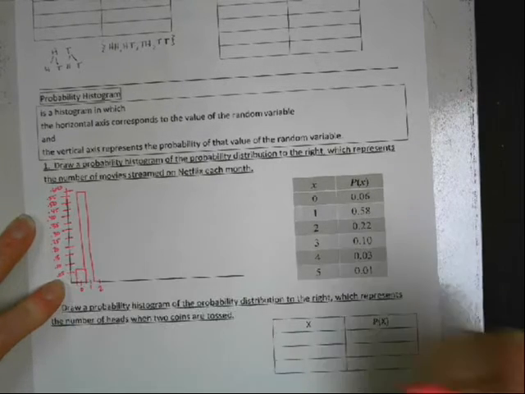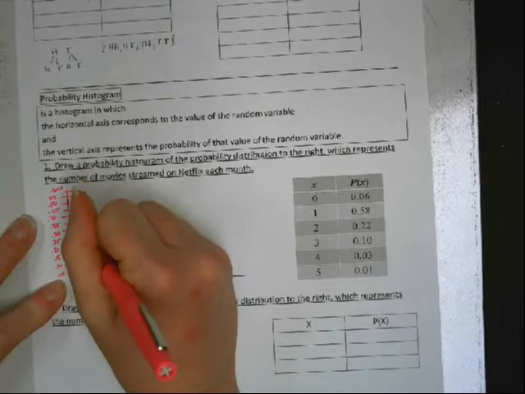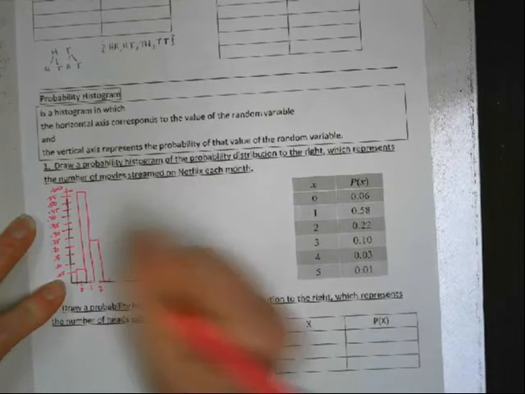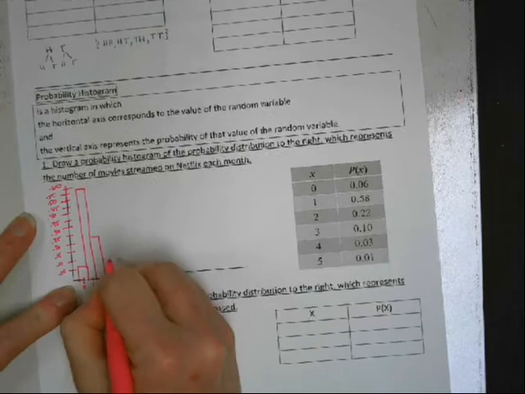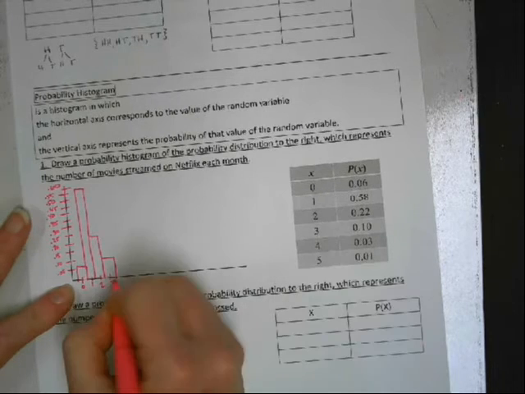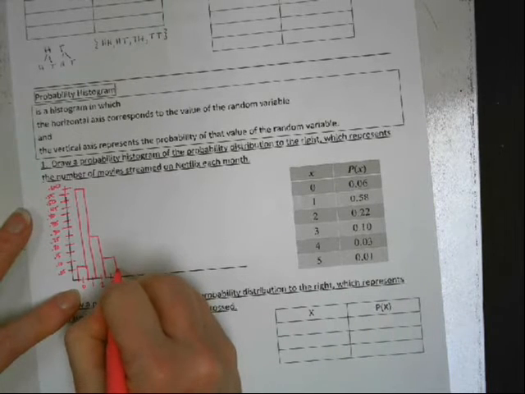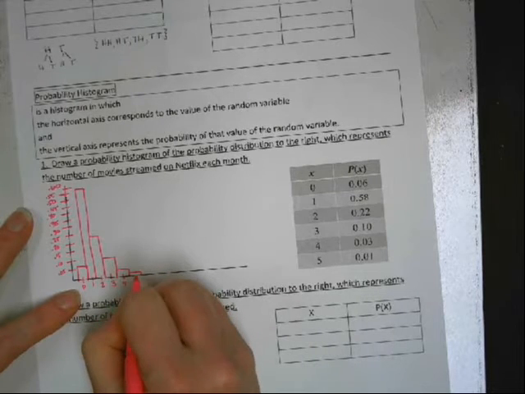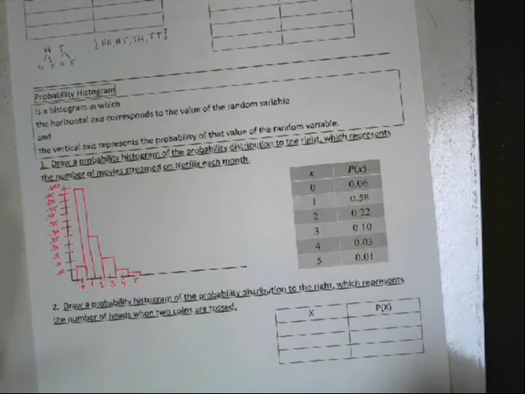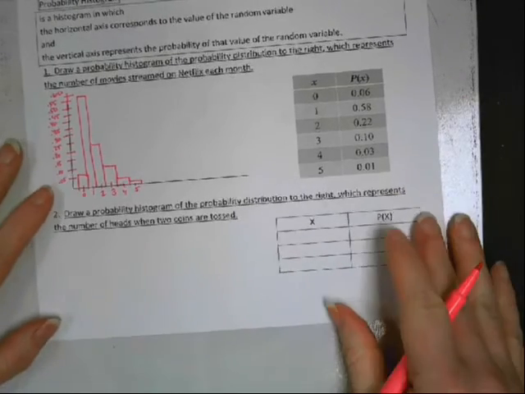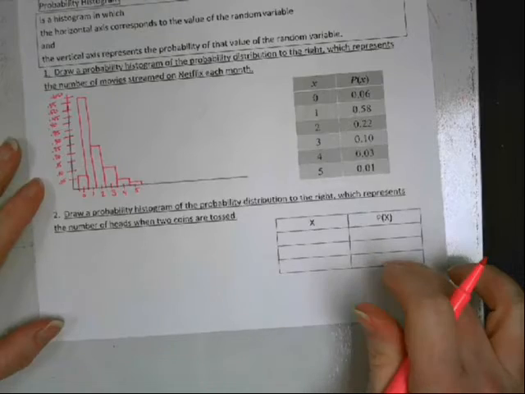And 2 of these would be 0.22. Y'all just pretend that this is perfect and that I used a ruler and made it look nice. 0.10. 0.03. So there's your histogram.